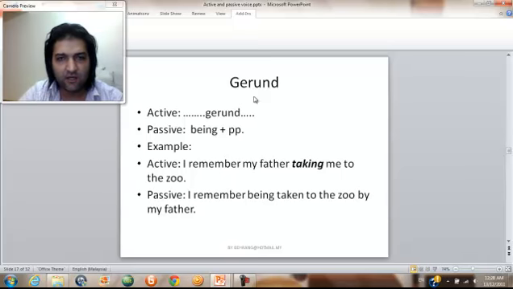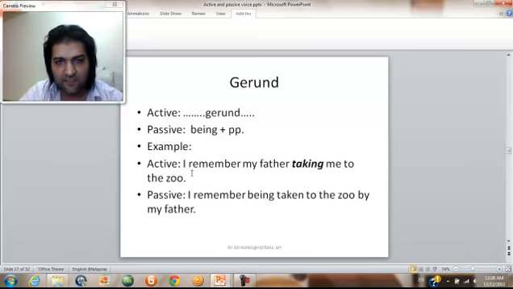Gerunds are words that look like verbs but act like nouns. As you see in this example, taking, at first sight you may think that this is the verb, but it's not the verb. It just looks like a verb but acts like a noun. But anyhow, when in your active structure you have a gerund, in the passive you're going to have being plus PP.